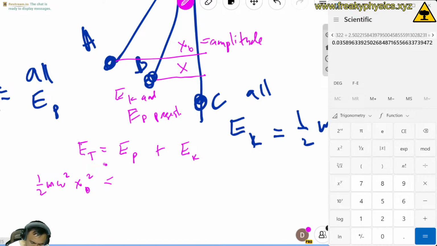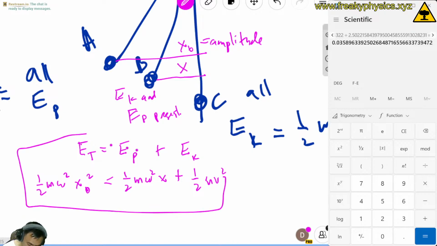Now in this case, we're just gonna write this thing again. That's gonna be 1 half m omega squared, but this time it's just x for the potential energy. And then we can write the kinetic energy as 1 half mv squared if we wanted to. So this is basically what it means.